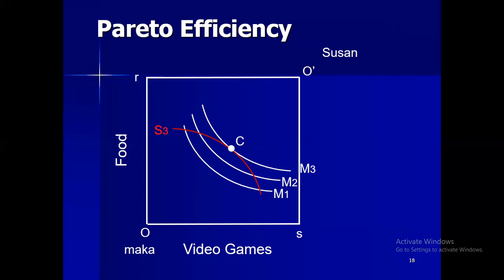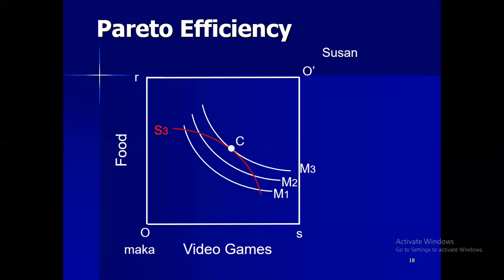The only way to put Muskan on a higher indifference curve than M3 and M1 would be to put Suzanne on a lower one, right?